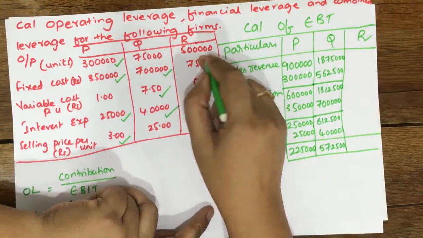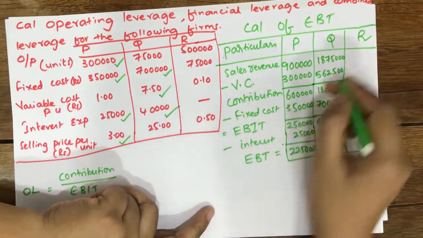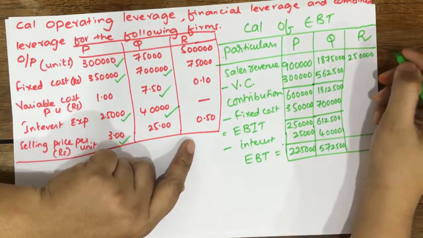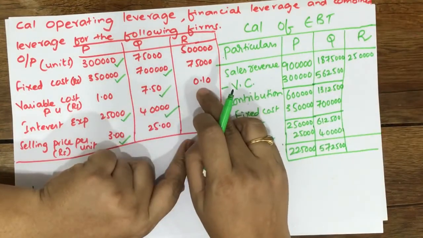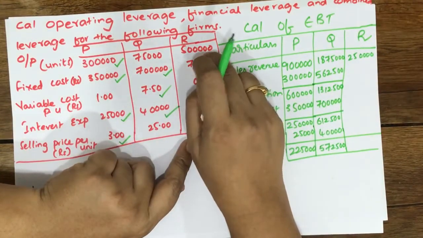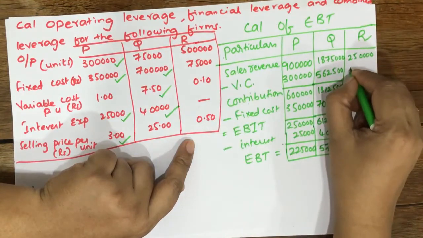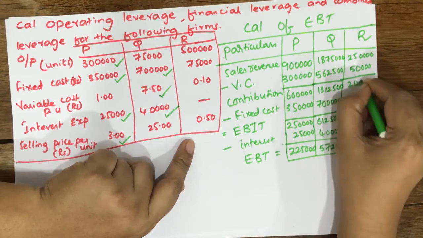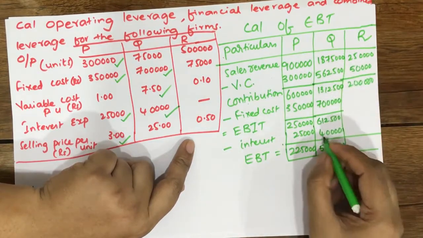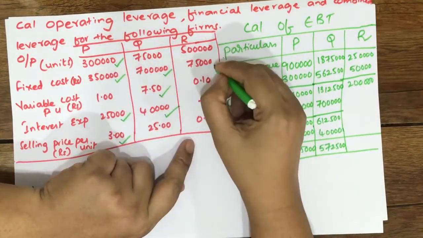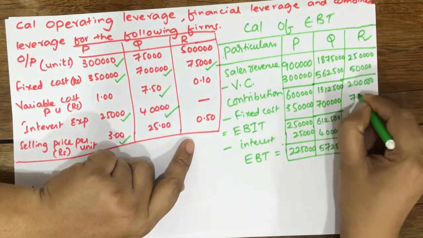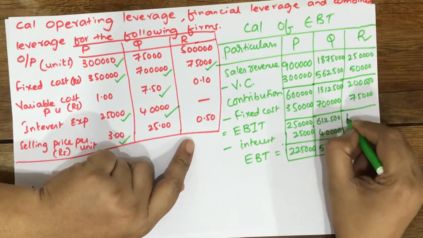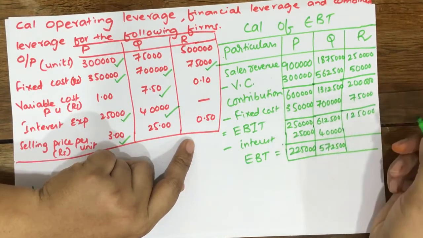Just like this, let us find out for firm R. Its output is 5 lakh units. When multiplied by 50 paise, it is 2.5 lakhs. Minus variable cost of 10 paise, 10 paise into 5 lakhs is 50,000. Thereby, contribution is 2 lakhs. Minus fixed cost, which is 75,000 for firm R, we get 1,25,000.